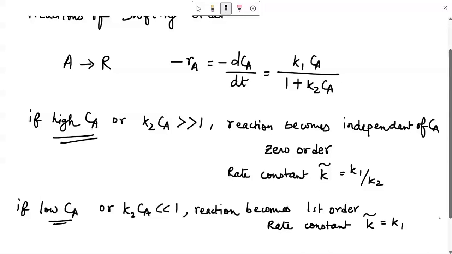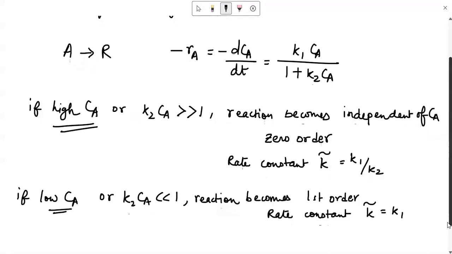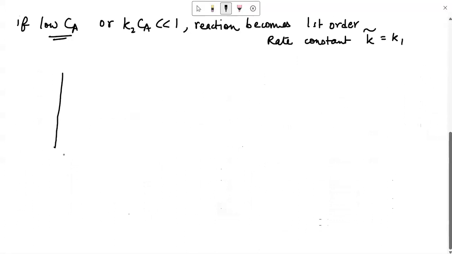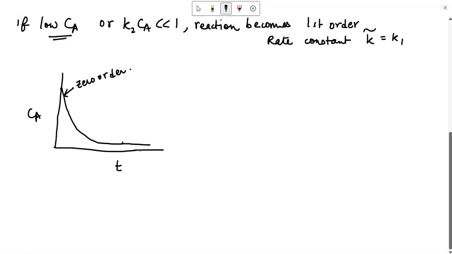So this is the kind of kinetics that is often seen. If you want to visualize it through a plot, let me show you. You have time on the x-axis and concentration of A on the y-axis. The plot you get is somewhat like this: the initial part is zero order kinetics, but as it slowly reaches the lower concentration region, this becomes first order kinetics.